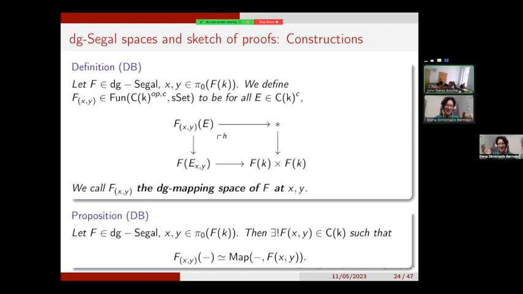So there exists an actual cochain complex F of XY with this condition.